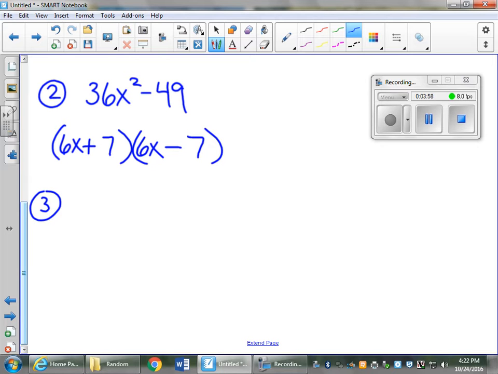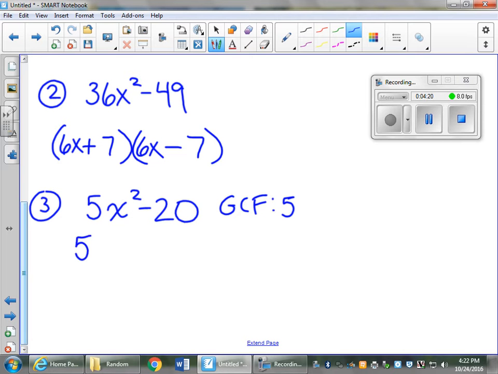Let's try this one together just because it is a little different, 5x squared minus 20. At first glance, you're probably going to say this is not a difference of two squares because 5 and 20 are not perfect squares. However, you should notice that there is a GCF of 5. And remember, the GCF is always the first thing you take care of.